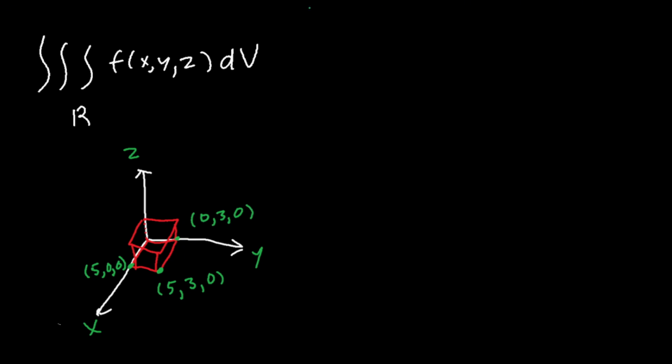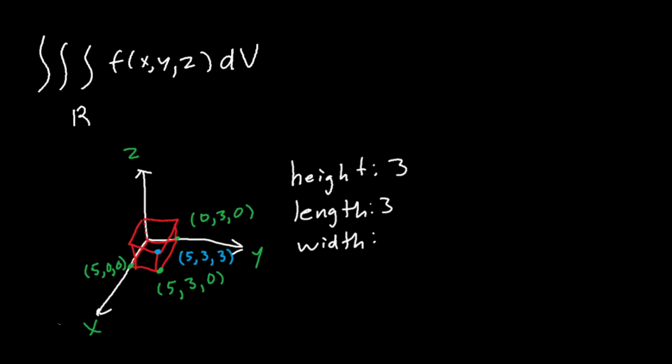And this point right here, let's change the color for that. This point here is, I don't know, 5, 3, 3. So basically this prism has a height of 3. Notice how the z value is 3 here on this blue point. It has a length of 3, because the y value max is 3, and a width of 5, because the max value for x is 5.